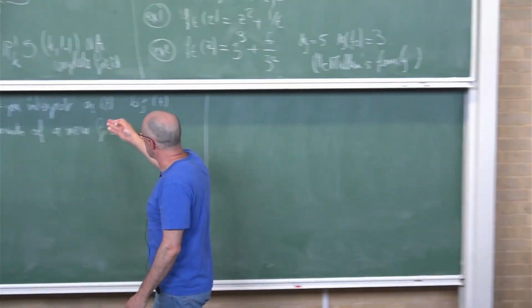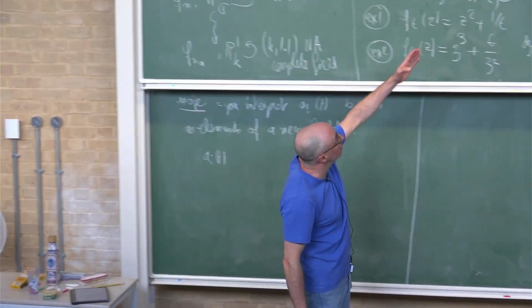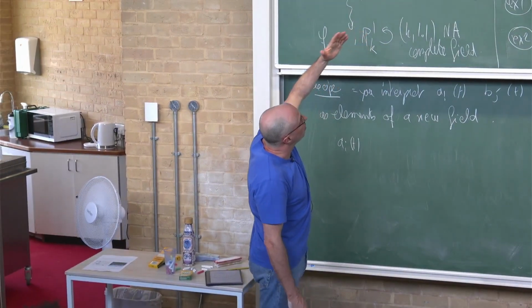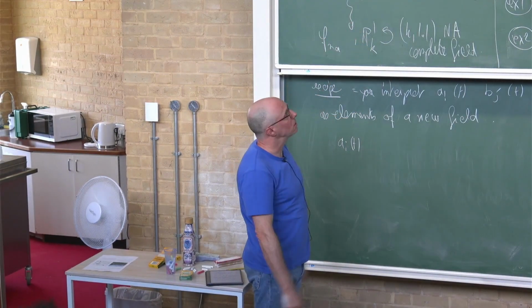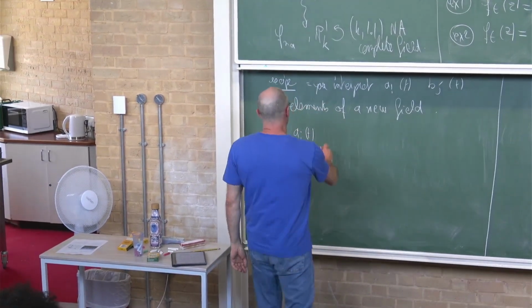Okay, so A of T, as I said, is a holomorphic function. So you can take the ring of holomorphic functions and try to take the fraction field of the set of germs and so on.